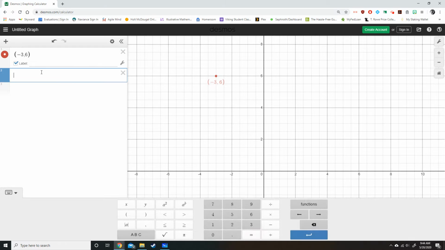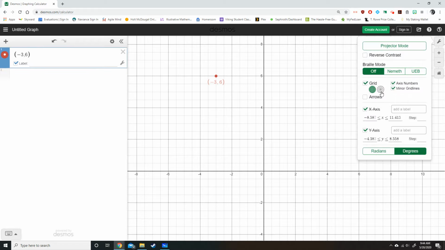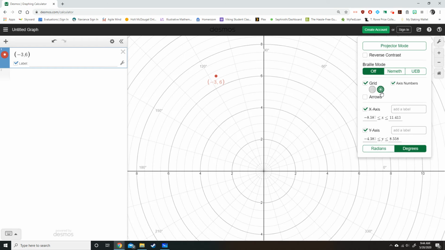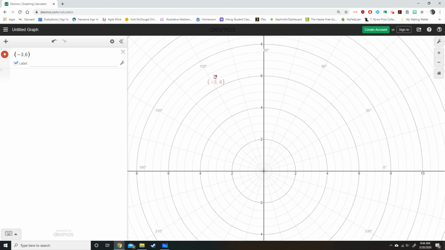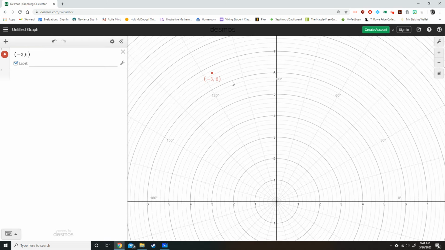I also want to know roundabout what is 3 root 5, and it's about a little more than 6.5. So I'm going to change this to a polar grid, and look at that. This does look like it is a little more than 6.5, and it looks like it's about 116 degrees. And so I know I did this one correctly.